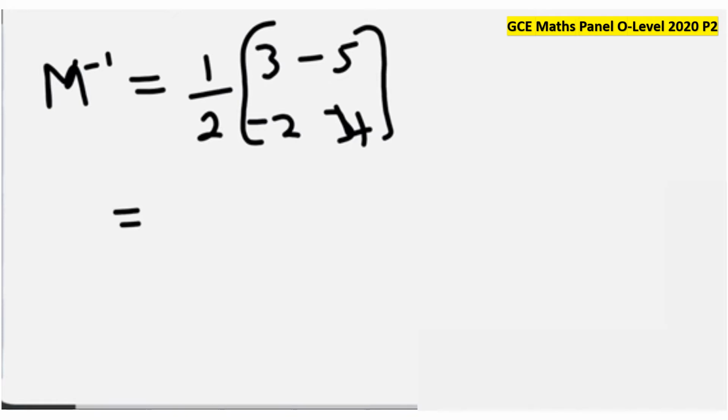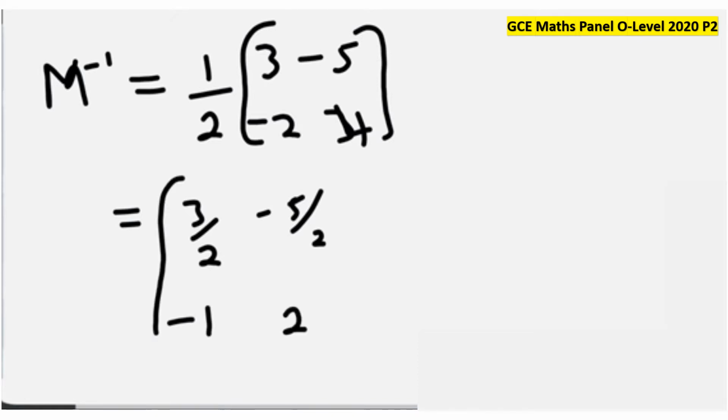When you simplify this, multiply each of the entries by a half. So we have 3 on 2, minus 5 on 2, minus 1, and 2. So this is our inverse matrix.